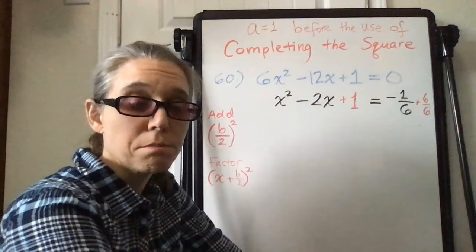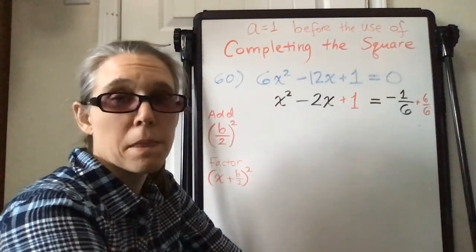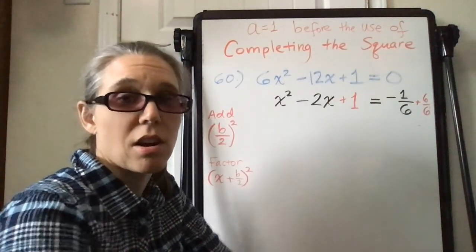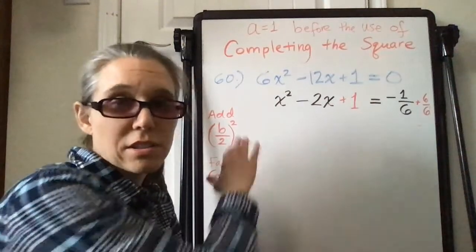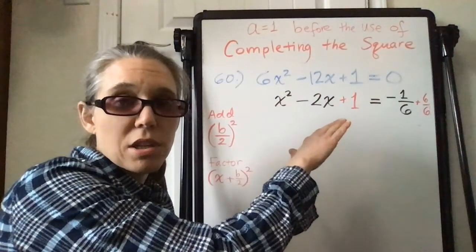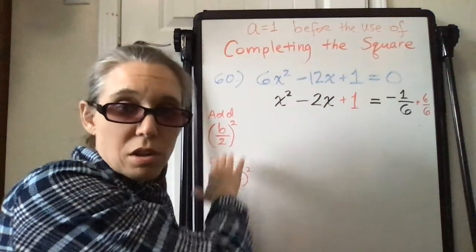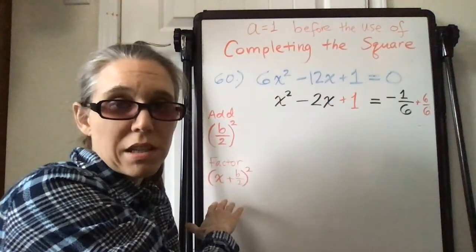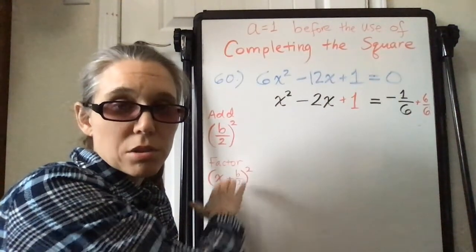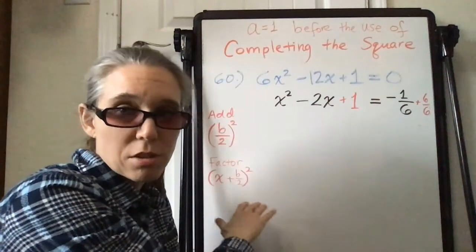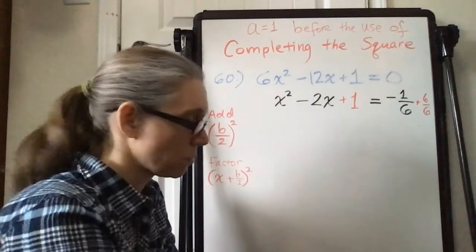That's not that big of a deal. So it is possible that you could end up with a b value that's odd. It will mean that you'll have fractions here, but if you end up in that situation, remember you factor it in the exact same way and just follow this procedure, and whether you have b is equal to even or odd numbers, you will end up with the same procedure. Okay, so let's continue.